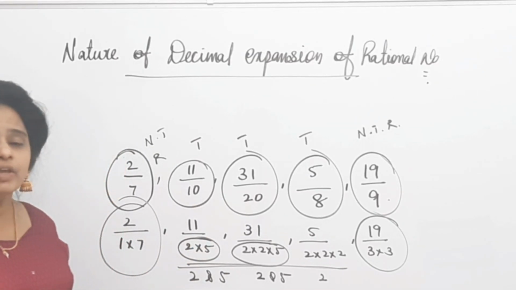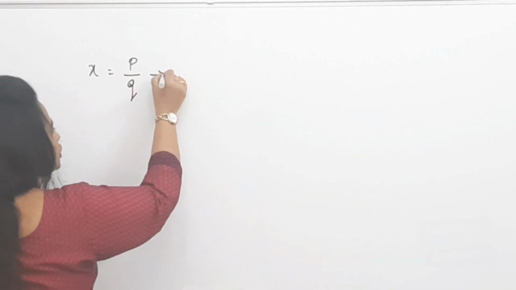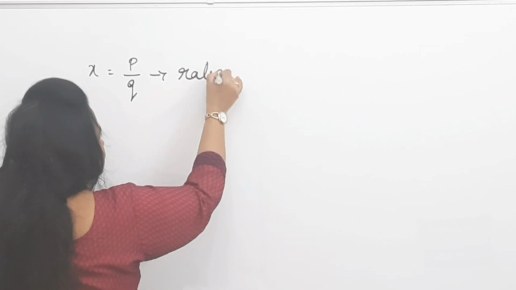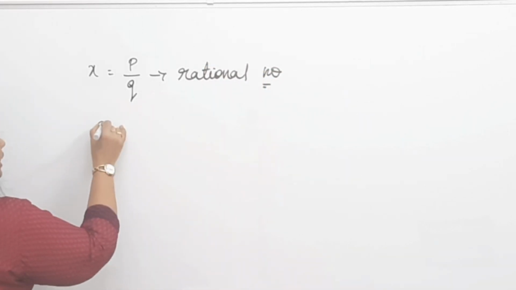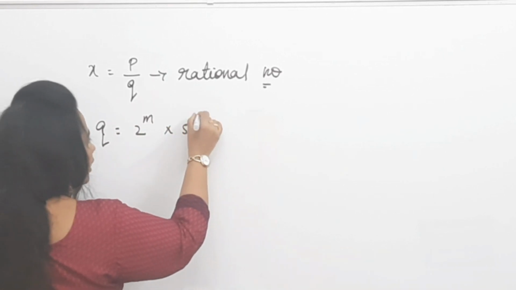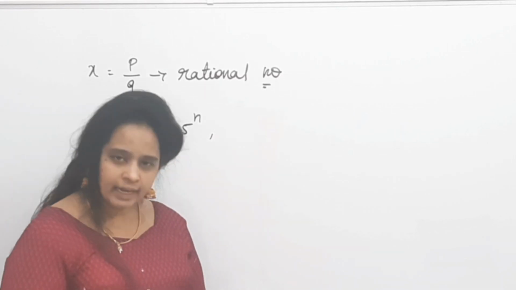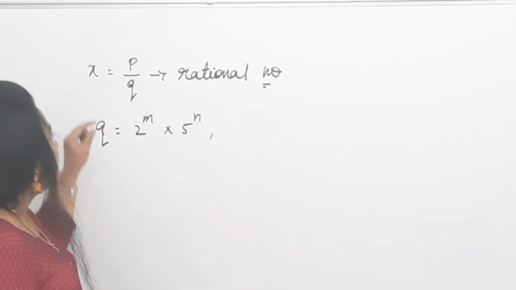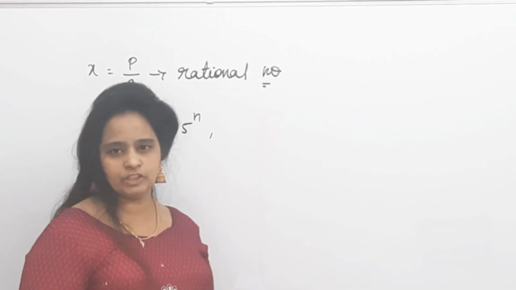Because of this, we have the theorem. The theorem says, let x equal p by q be a rational number such that the prime factorization of q is 2 power m into 5 power n, where m and n are non-negative integers, then x has a terminating decimal expansion.